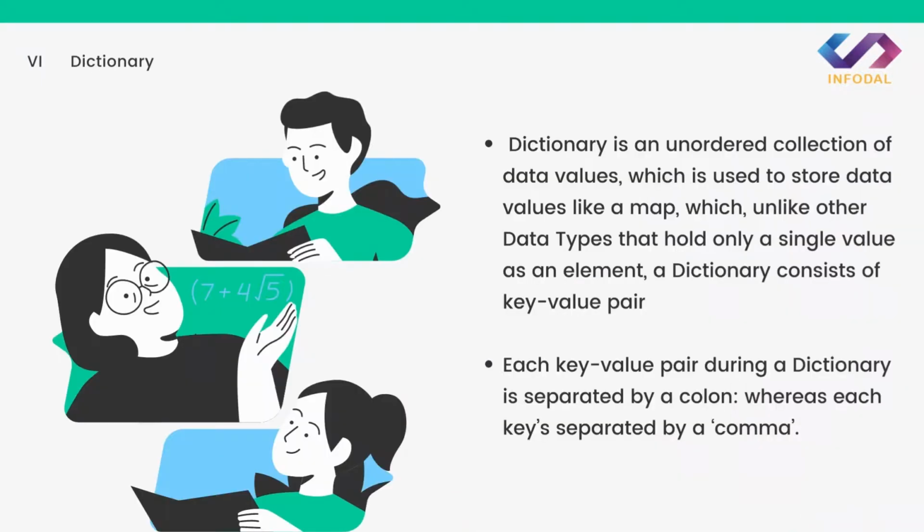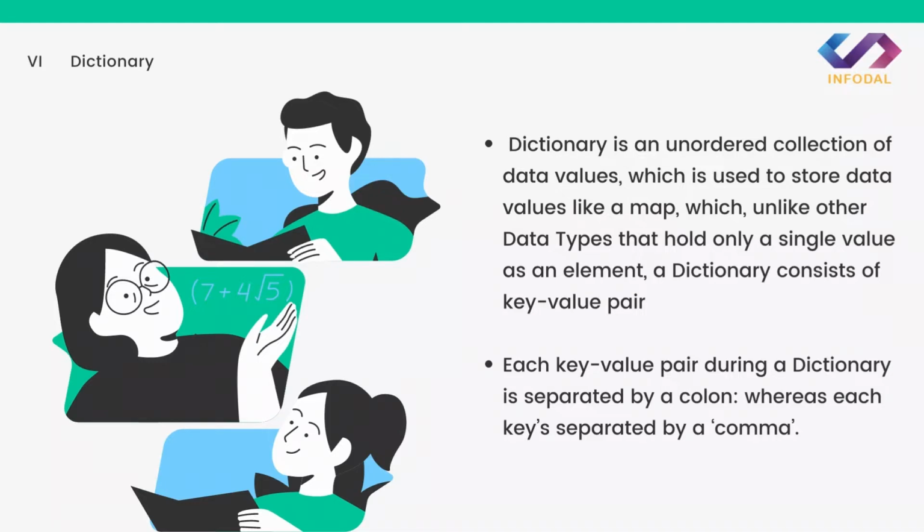Okay, sixth, dictionary. In Python, a dictionary is an unordered collection of data values which is used to store data values like a map, unlike other data types that hold only a single value as an element. A dictionary consists of key-value pairs. A key-value pair is provided within the dictionary to form its own optimized dictionary.